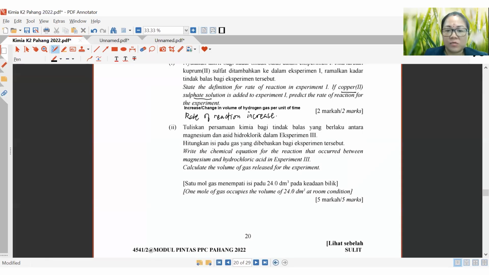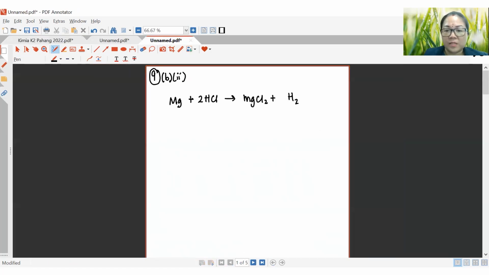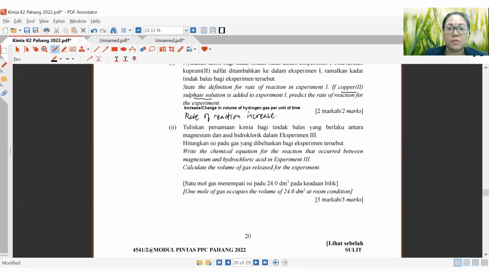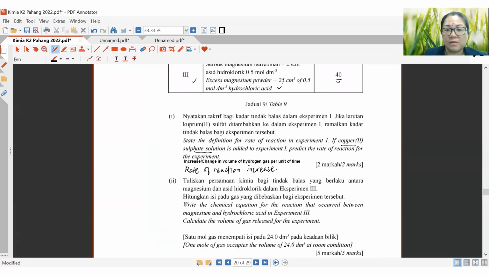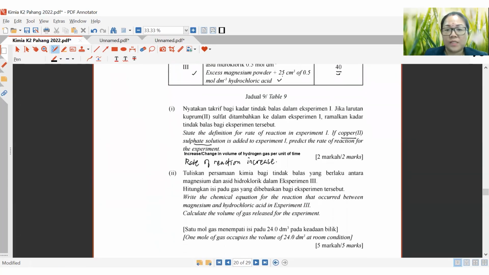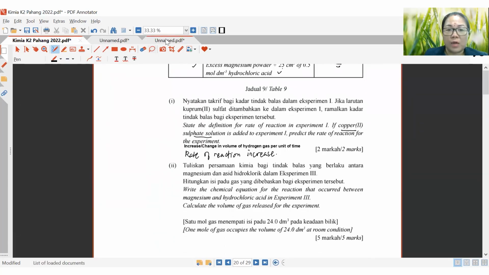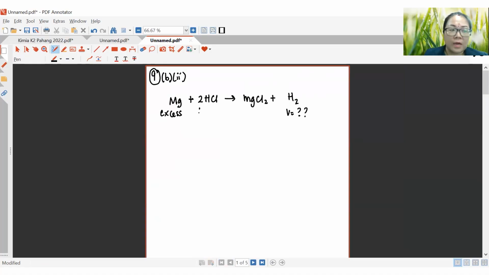Now, what is the question? Again, let's look. He wants in experiment 3, calculate the volume of gas released. So volume, how much? This one is in excess, so don't disturb it. For the acid, we've got 25 cubic centimeters, 0.5 molar. So the molarity is 0.5, volume is 25.